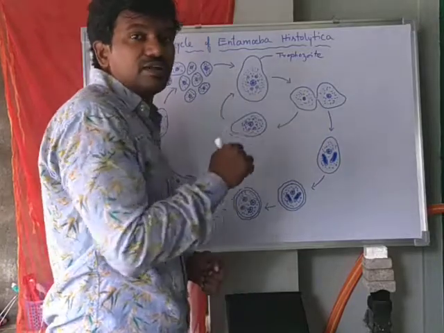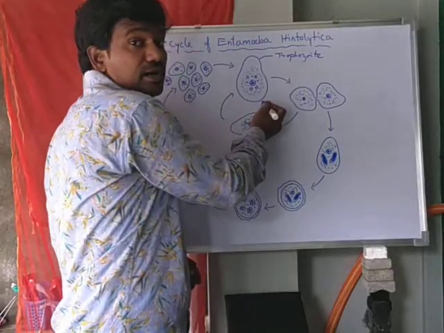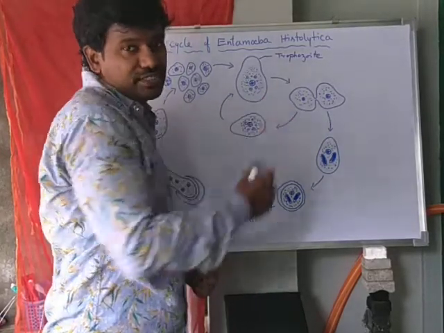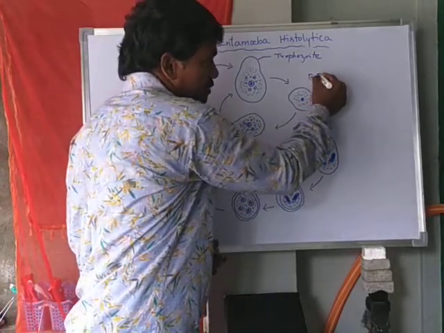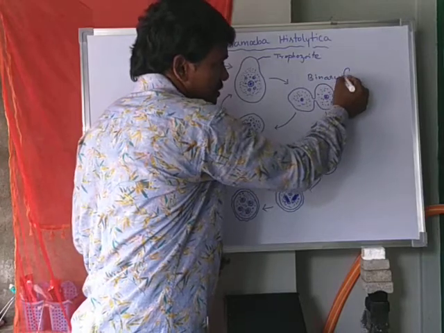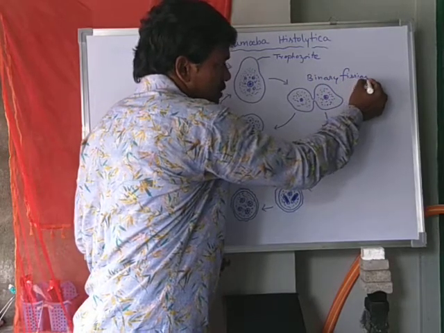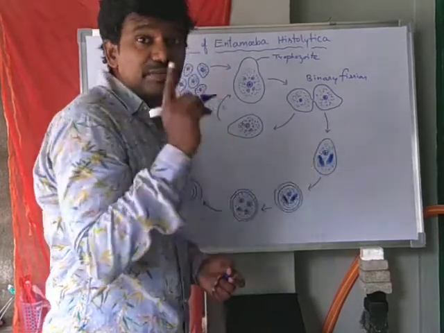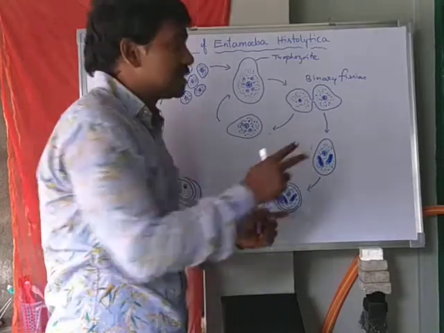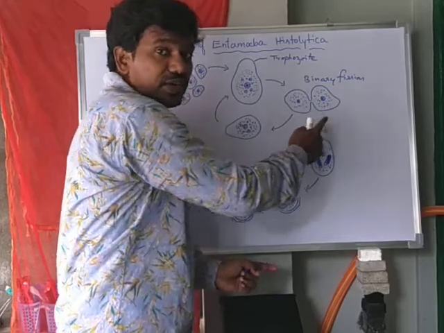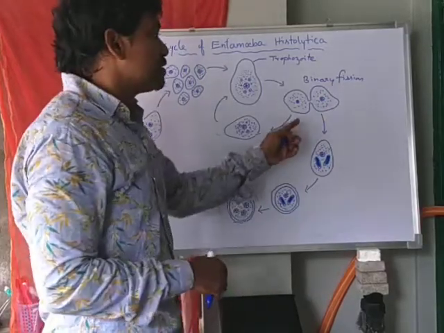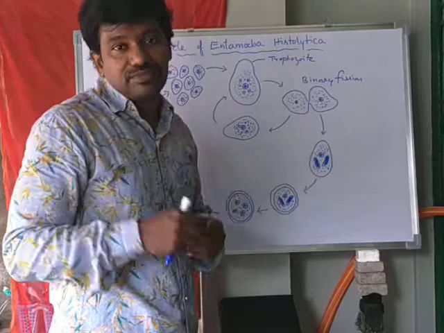Here, in the wall of the large intestine, the trophozoite may undergo binary fission. Binary fission means one parent individual divides into two daughter individuals. Like this, repeated binary fission takes place.